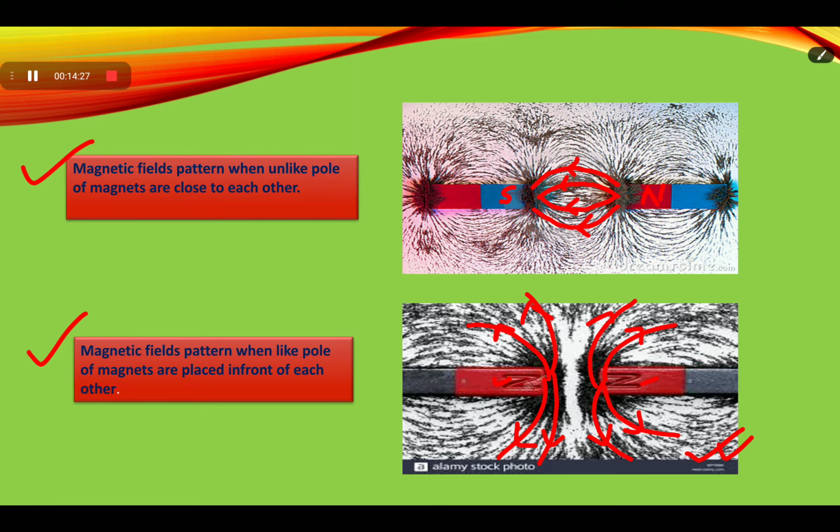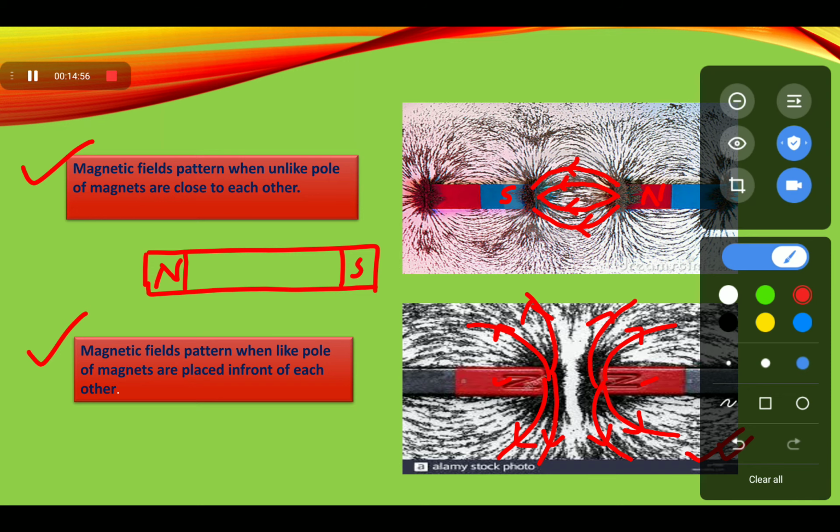So, we always have to keep in mind that while we are drawing the pattern of magnetic field, the magnetic field lines always originate from the north pole and always end on the south pole, like this. Suppose we have a bar magnet. This is the north pole and this is the south pole.